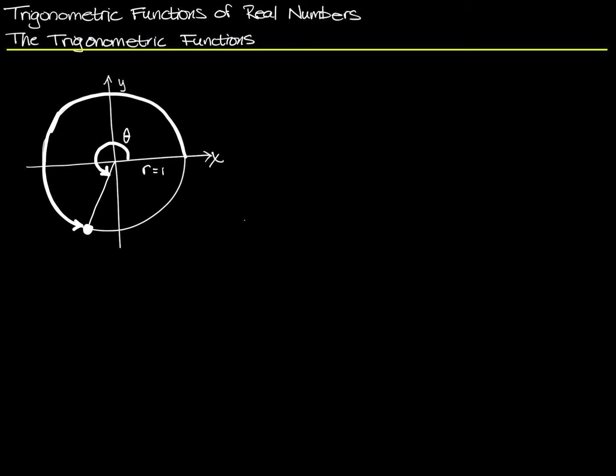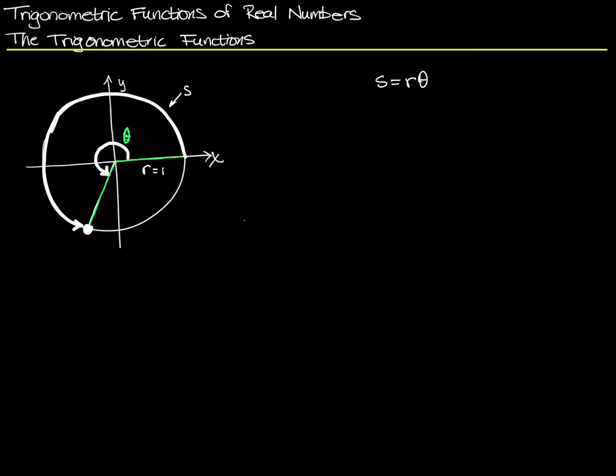Let's make an interesting observation. Remember the formula that we came up with? It's been a while now. S equals r theta. That told us the length of the arc cut out by an angle. Let me just use a different color and I'll show you the angle here. This is the central angle theta.